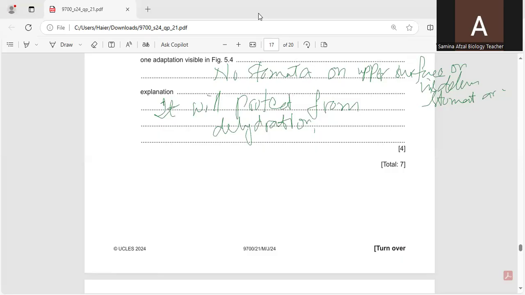And another point is the thick waxy cuticle. So in this way, it reduces dehydration by reducing diffusion.